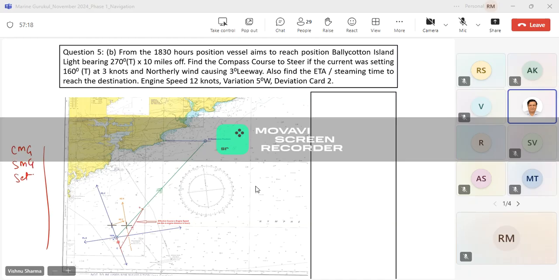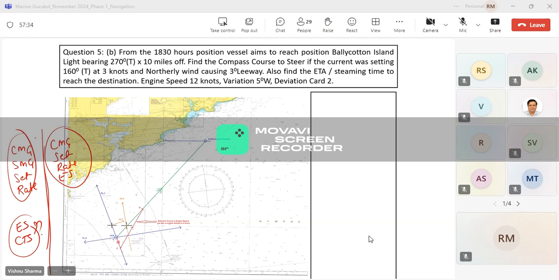You had the set and the rate, and you were to find engine speed and CTS, right? Yes, sir. In this case, you have the CMG, the set, the rate, and the engine speed, and you have to find the ETA and the CTS, right, beta? Yes, sir. Correct. For ETA, you need SMG. So that's why the way the triangle was completed has changed, right?